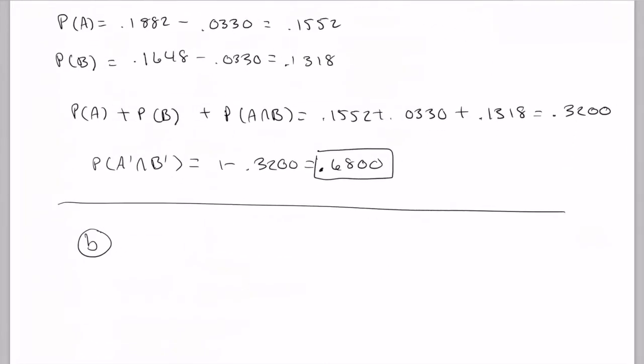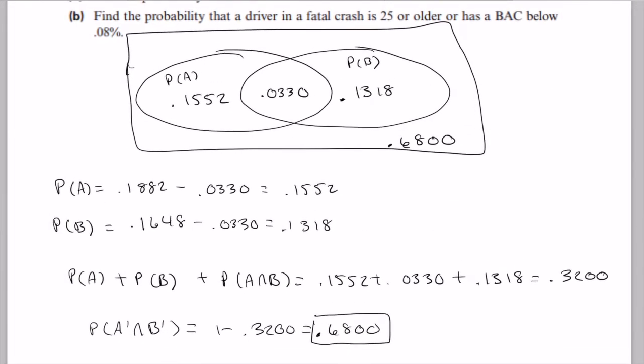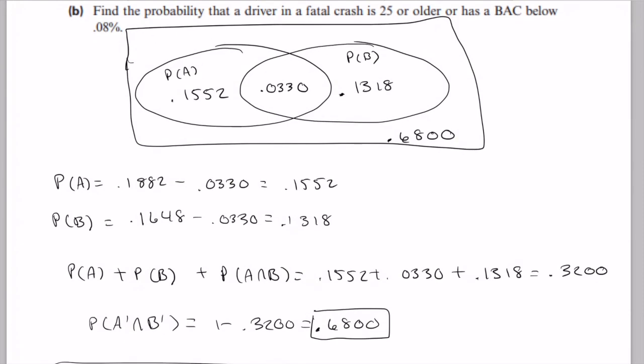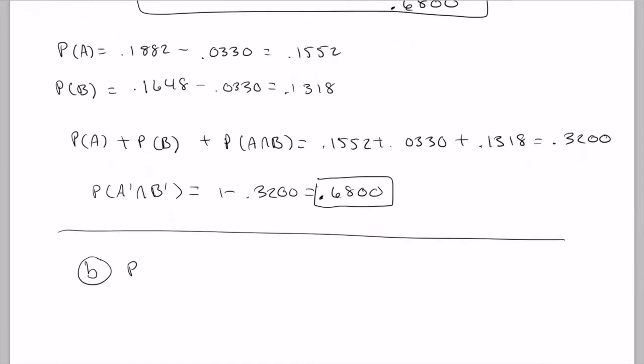B. Find the probability that the driver in a fatal crash is 25 or older or has a BAC below 0.08%.